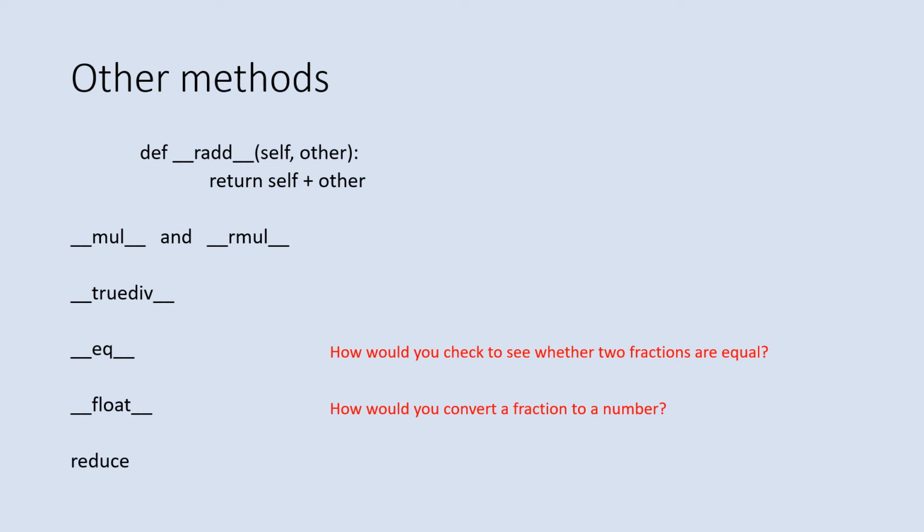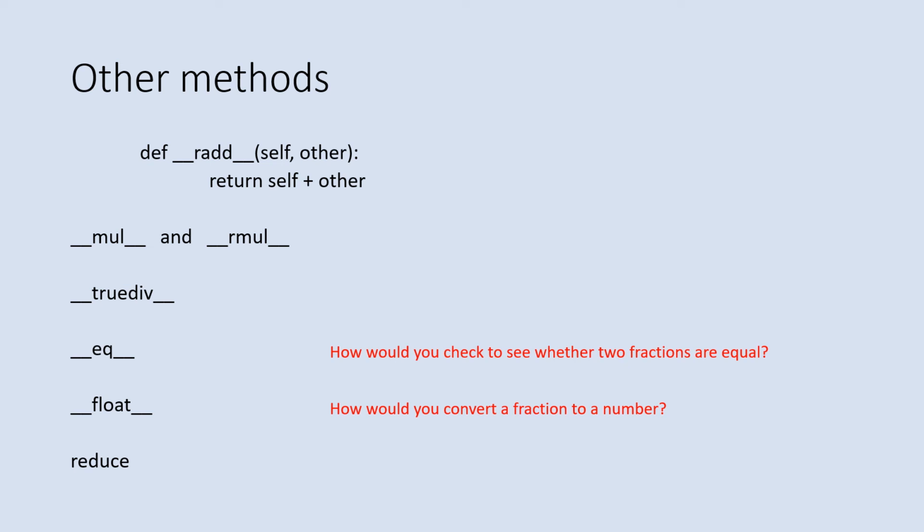If we wanted to reduce a fraction, reducing a fraction is not something that is built in. It would be a method that we could create ourselves. Let's say here's the numerator, here's the denominator. Let's reduce that and return a fraction that's in the lowest form, in reduced form.